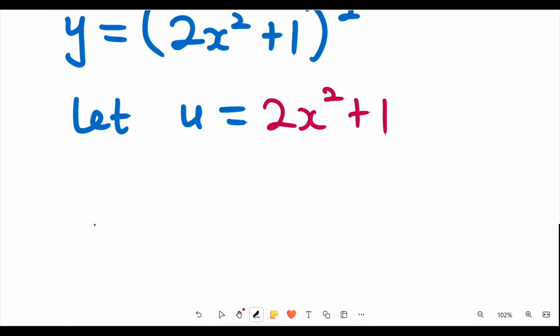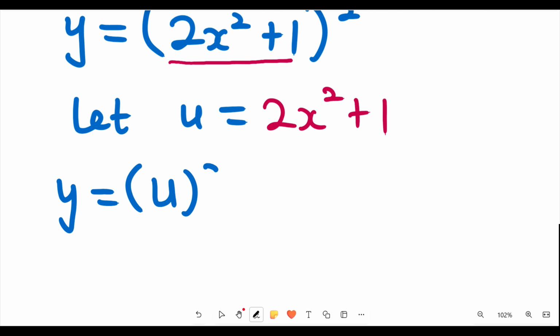If u is equal to 2x squared plus 1, we are taking what we have in the bracket. Our y will now be equal to, wherever you see 2x squared plus 1, you are going to put u there. So here becomes u squared.